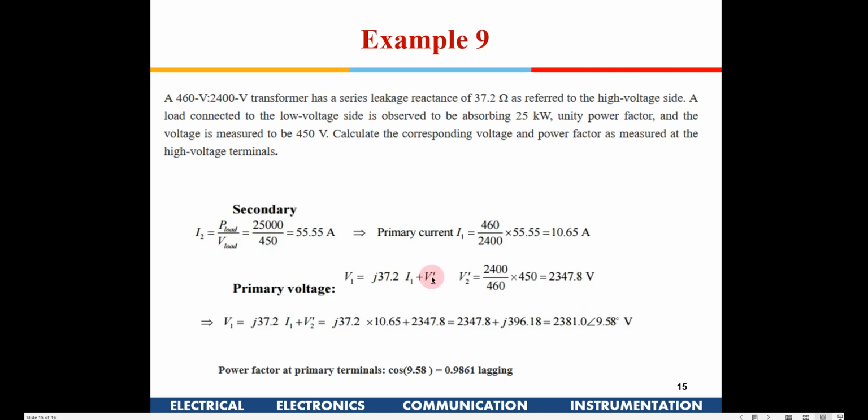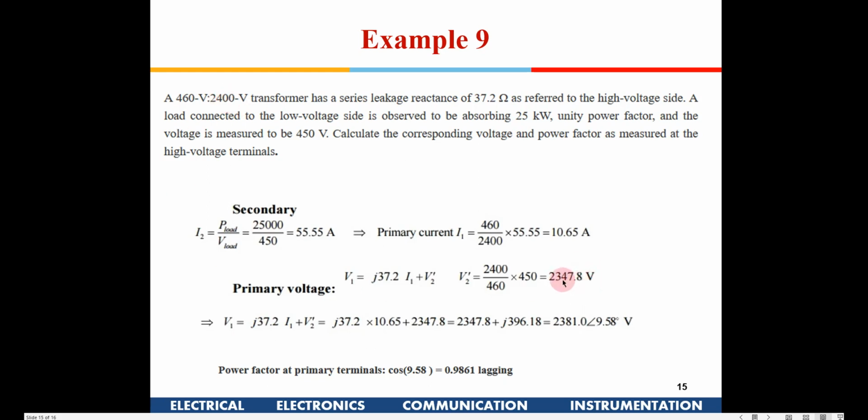So to find V2 dash, what is the secondary voltage which is getting reflected into the primary: 2400 divided by 460 into 450, which is 2347.8. This is the voltage which gets reflected into the primary because of the secondary. In the actual case instead of 460 you have 450, so you have slightly lesser voltage being reflected into the 2400 side, which is the primary.